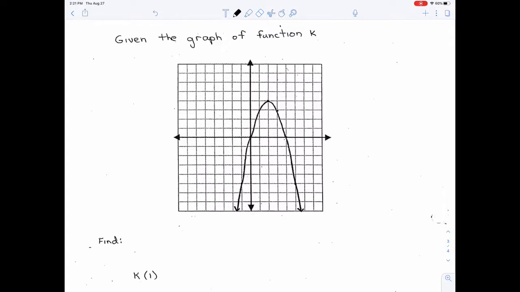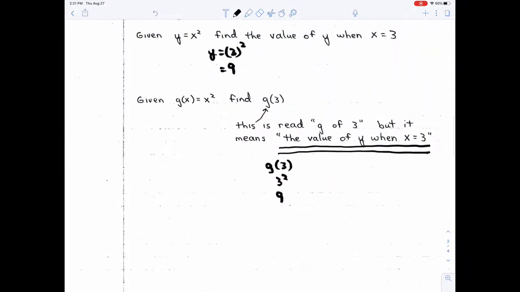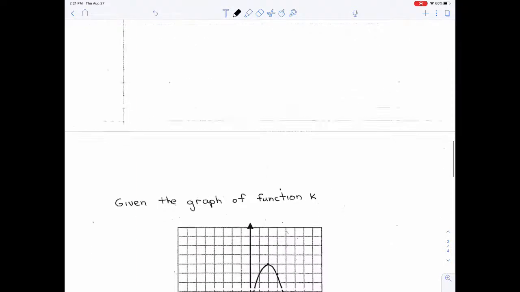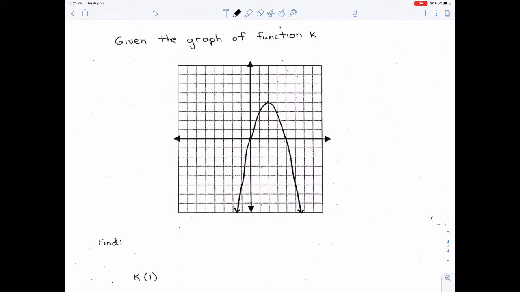Now, ask yourself, what does he mean, find the k of 1? Well, go back to what function notation means. Now, pause the video and do it. I'm actually going to do it here, but I assume you've paused it and tried.